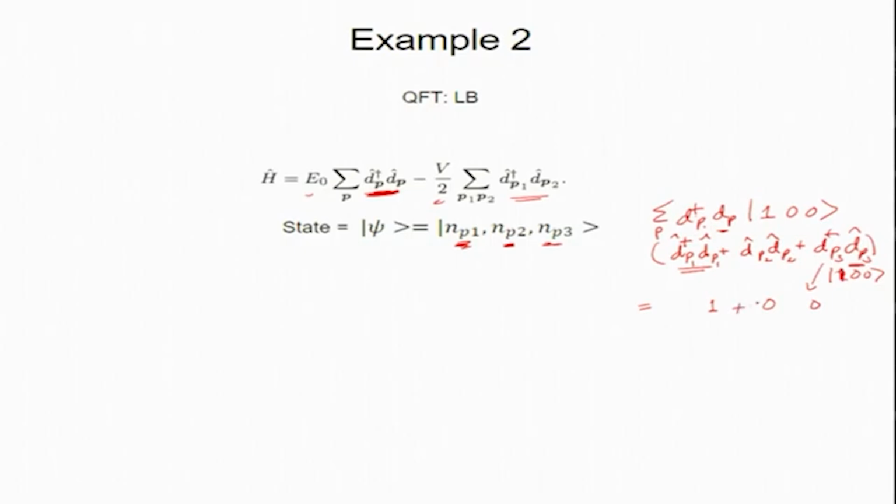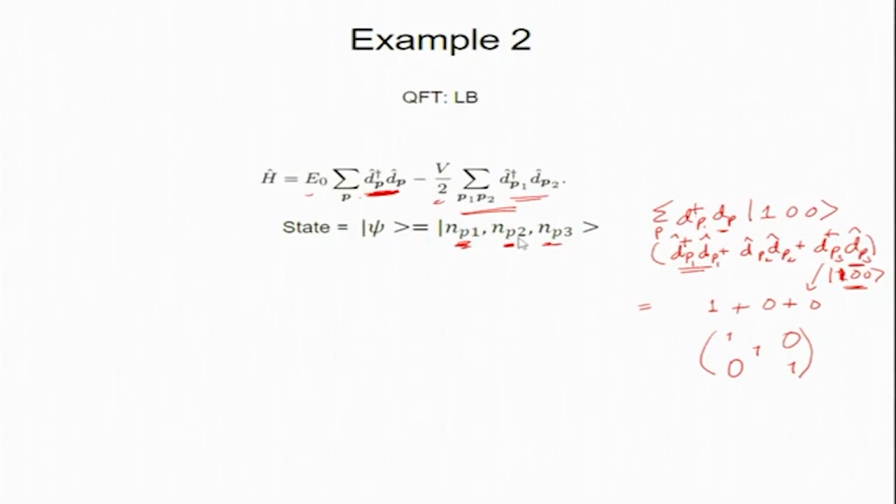So this gives you 1. Okay, so you can make a guess: this matrix is going to be diagonal, 1 1 1. That is what it will be, but this is more complicated.